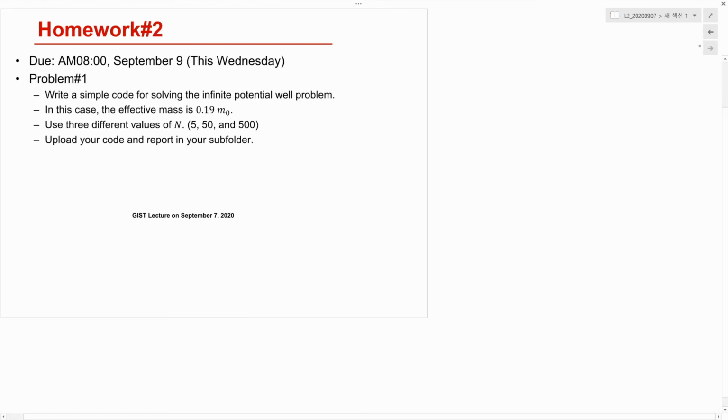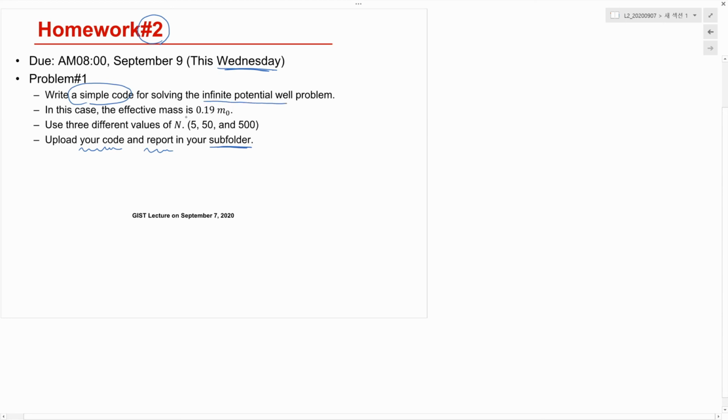Okay, so this is the end of our lecture 2, and I wanted to say we already have homework number 2. You should have already made your subfolder, and upload your code and report in your subfolder. The due date is this Wednesday, just before our lecture 3 starts. The goal is to write a simple code solving the infinite potential well problem.